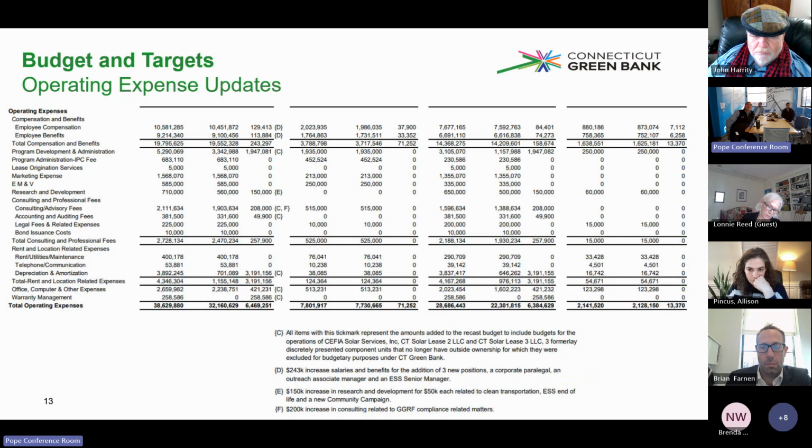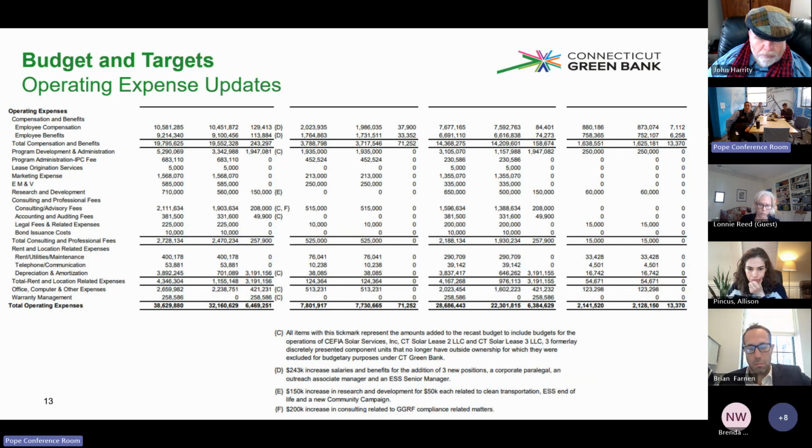We need an additional paralegal to facilitate some of the work that we're planning around community campaigns, especially with regard to Solar for All and potentially some of the single family green homes goals that we have for the NCIF money. We need the outreach associate manager, and the ESS senior manager is somebody who will be focused on helping us work with PURA and just continue the momentum that we seem to have at the moment with the program.